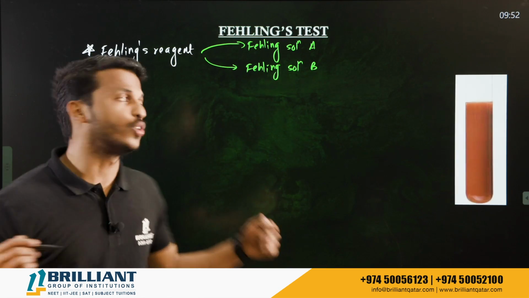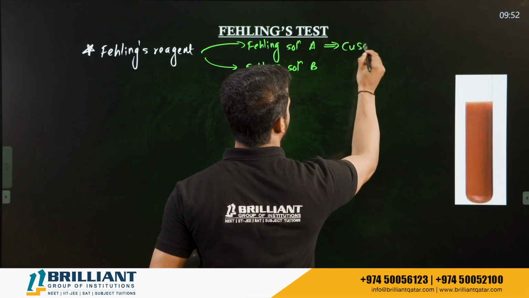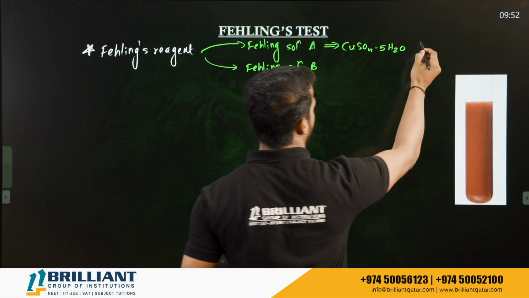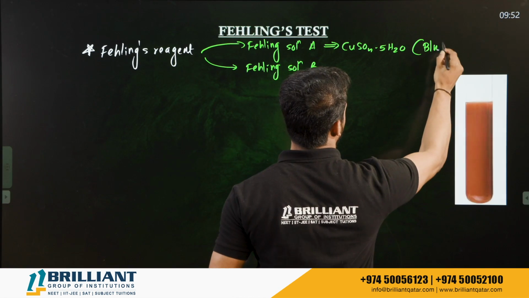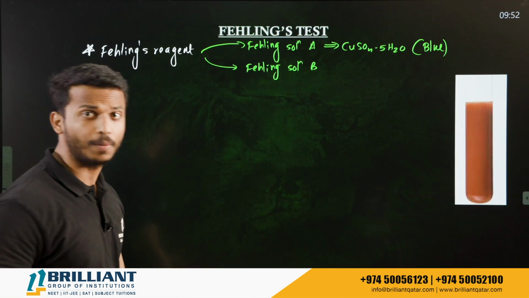What is Fehling solution A? Fehling solution A is copper sulfate pentahydrate, CuSO4·5H2O. Dear student, you know the color of the hydrated form of copper sulfate? This Fehling solution A is blue in color. What about Fehling solution B?